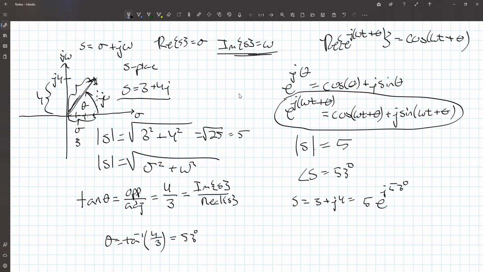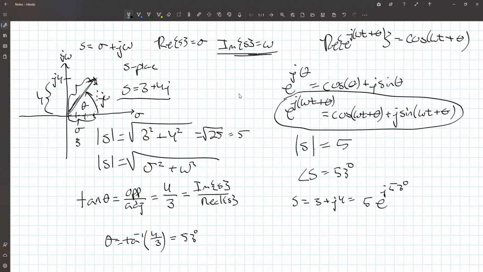Complex exponentials are eigenfunctions of LTI systems, meaning that if we put a complex exponential with frequency omega into some LTI system, we're going to get out a complex exponential of frequency omega from that LTI system. All we're going to have is that it's going to be scaled, so it could be amplified or attenuated, meaning we could have a positive gain or a negative gain. And then it'll have a phase shift, meaning that it will either be leaded or lagged.